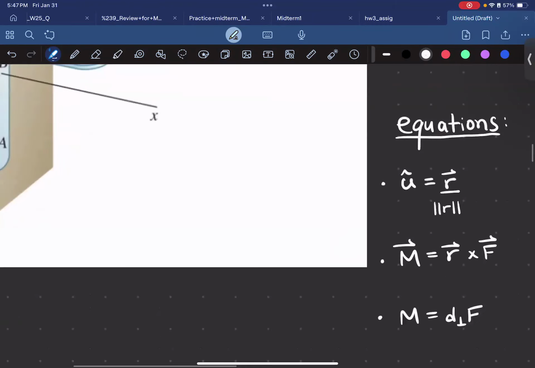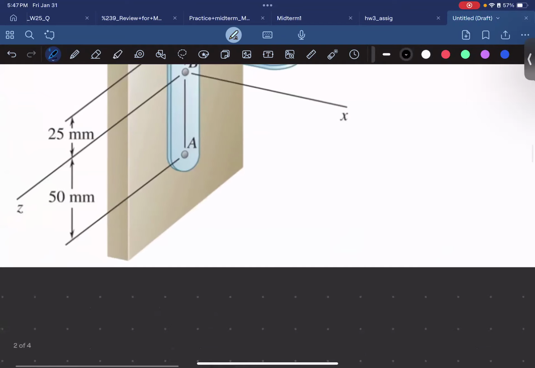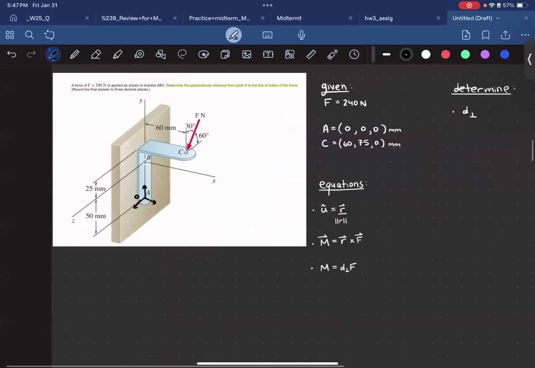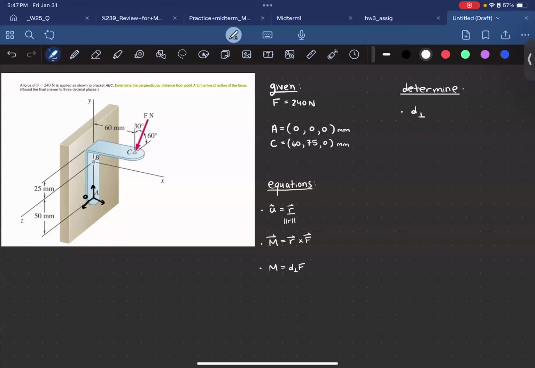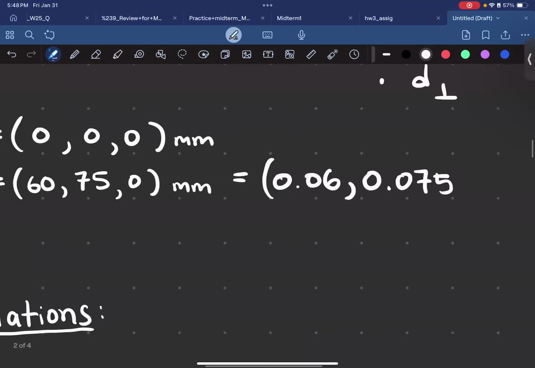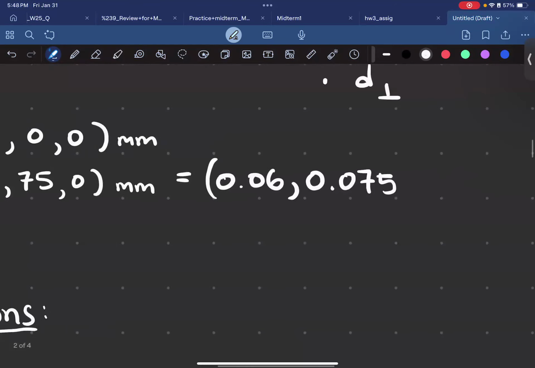So let me draw that out like this. So this is our origin point. And from A, C is equal to 60, 75 millimeters, which, by moving the decimal place over 3 times to the left, we can get in meters, which gives us 0.06 and 0.075, and then 0 meters.